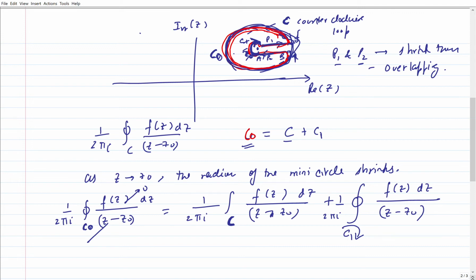So if my contour does not involve the point, then my integral is 0, because we've already assumed from Cauchy's theorem, and we already know f(z) is analytic in the region where I'm specifying my contours. So I'm left with this guy.